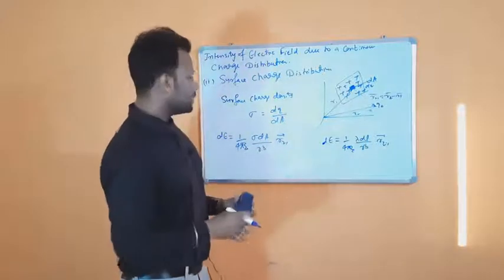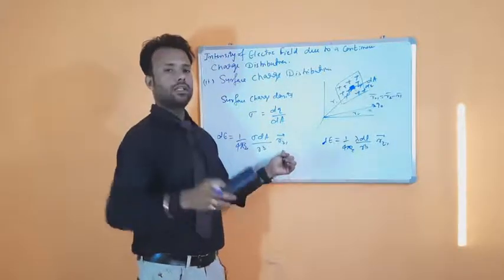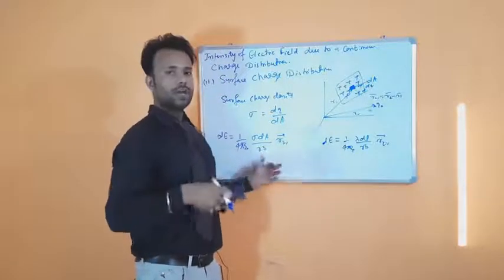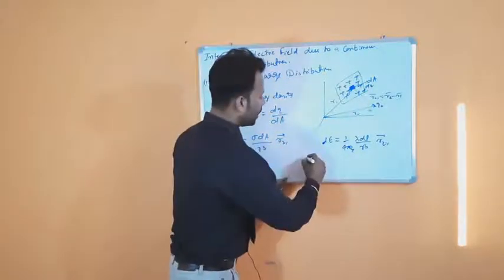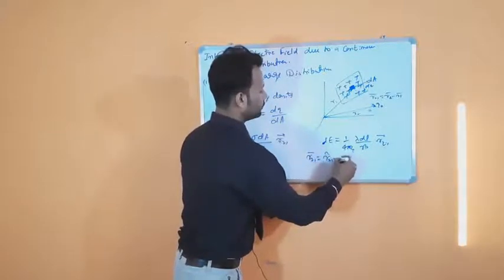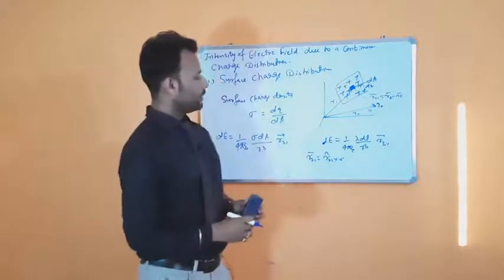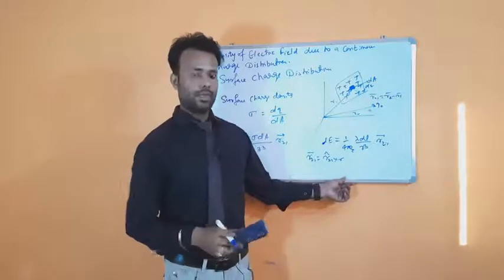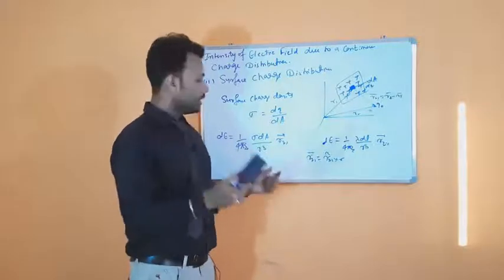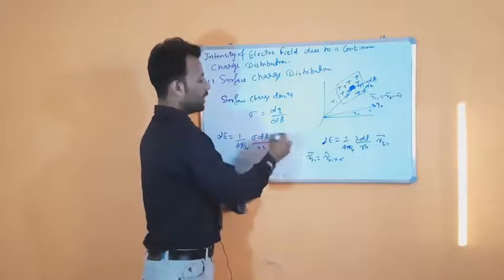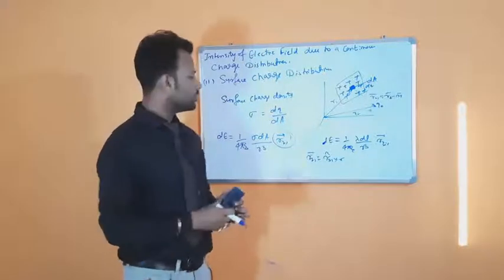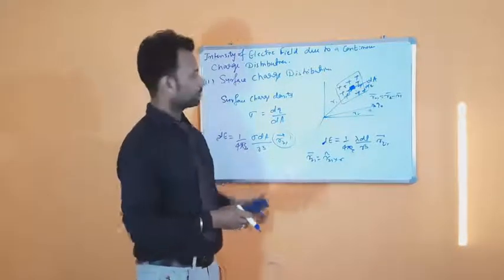See, if you replace this position vector with the help of a unit vector, then the term r cube is replaced by r square, because the position vector is nothing but the unit vector into the magnitude of r. So don't get confused. In your book you may have r square along with the unit vector instead of the position vector. I am using the position vector here, not the unit vector.